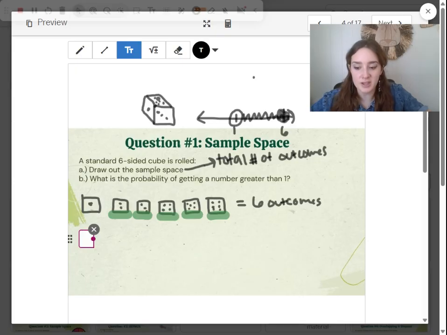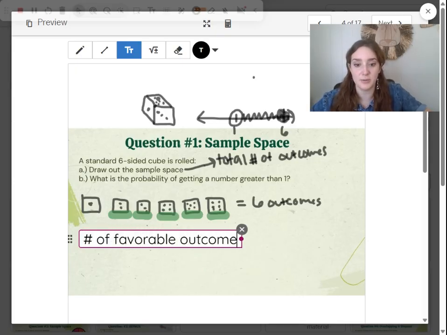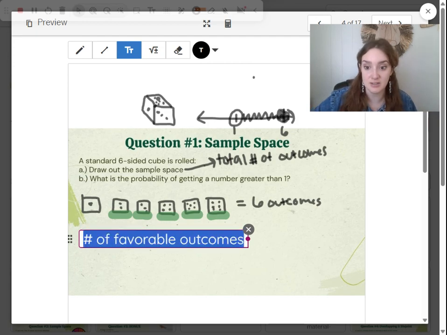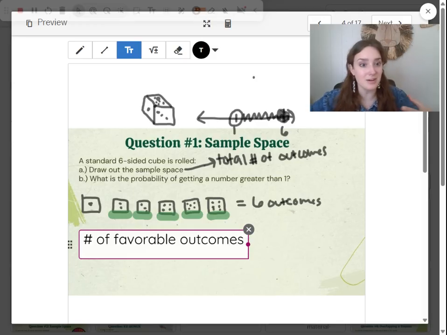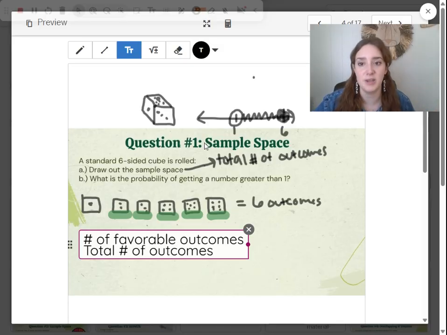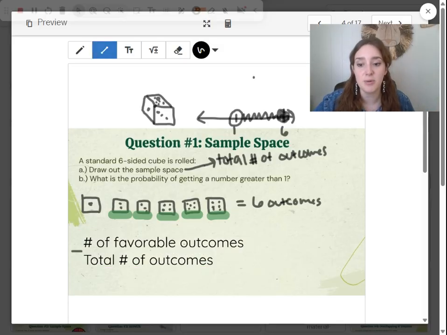So rewriting our formula, it was the number of favorable outcomes. I don't know why that is so gigantic text. I'll leave it. It's fine. It's really important anyway. Okay. Number of favorable outcomes divided by the total number of outcomes. Remember, that is how we calculate probability of an event occurring.